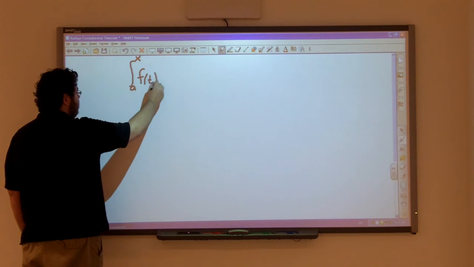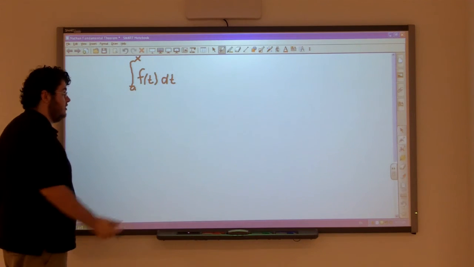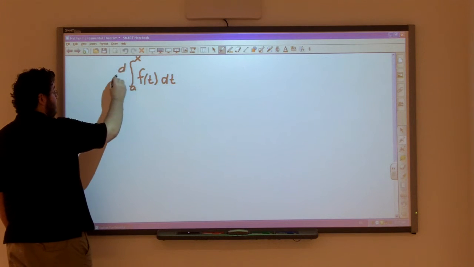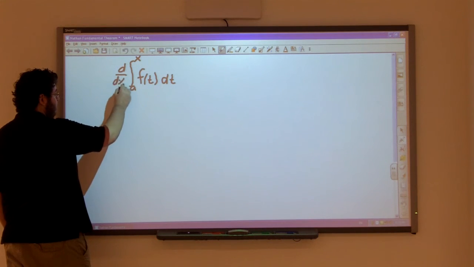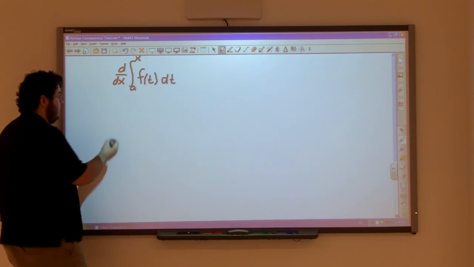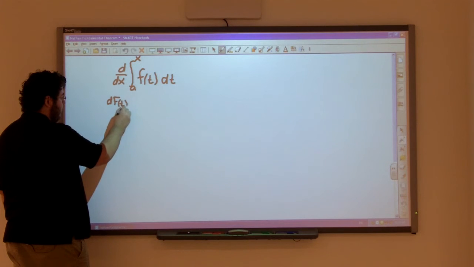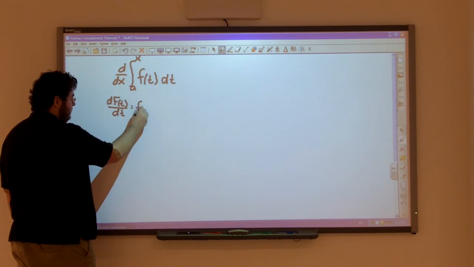We'll call it a function of t. Could be time, doesn't matter, whatever parameterization you choose. And I want to take the derivative of that. All right, well, let's see how this works. Let's say that we know that the antiderivative of little f is capital F.